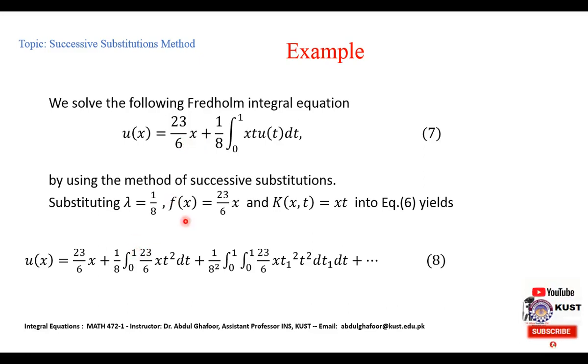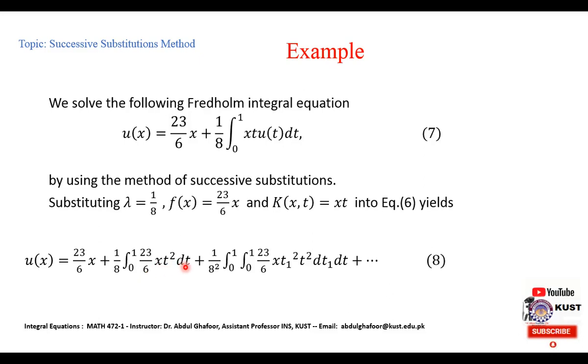Since k of xt is xt and f of t is 23 by 6t, we get 23 by 6 xt square dt.